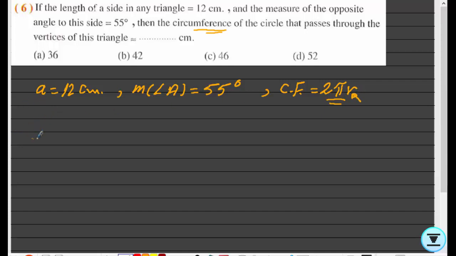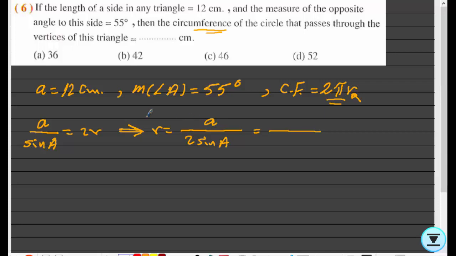So we will use the sine rule, because we know that a over sine A equals 2r, and from that you can say that r equals a over 2 sine A. So we will substitute here.